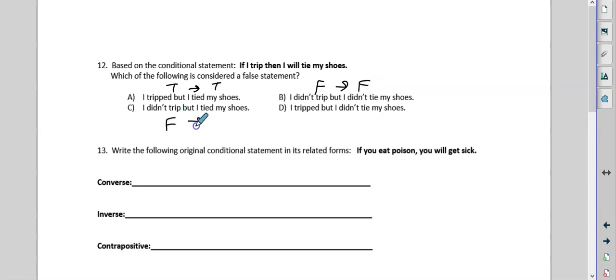I didn't trip, I tied my shoes. I tripped, and I didn't tie my shoes. Okay? According to our chart, that is our only false statement. For an if-then, remember, the only way to get a false is T, if T, then F.